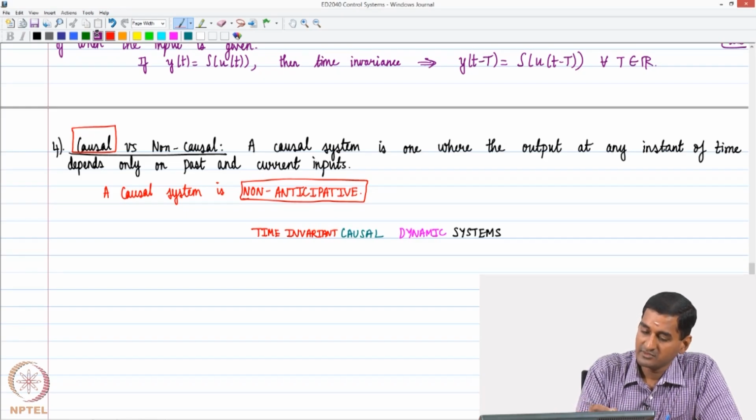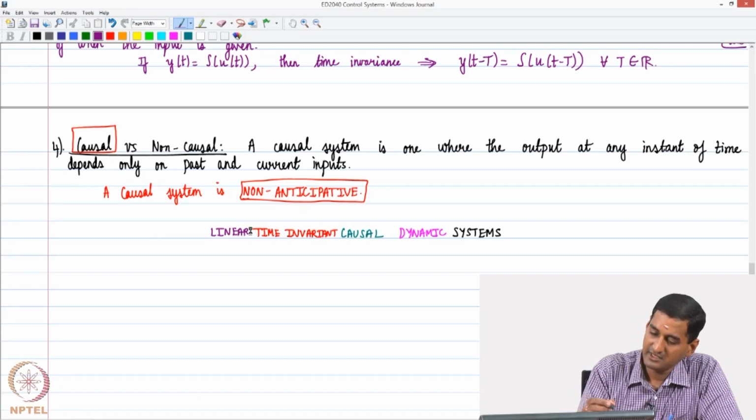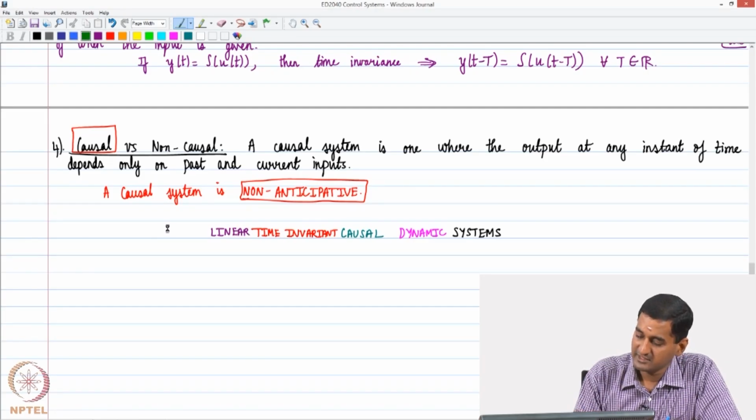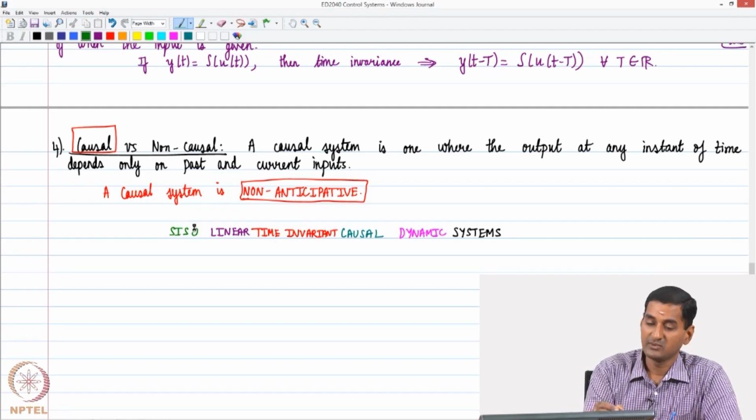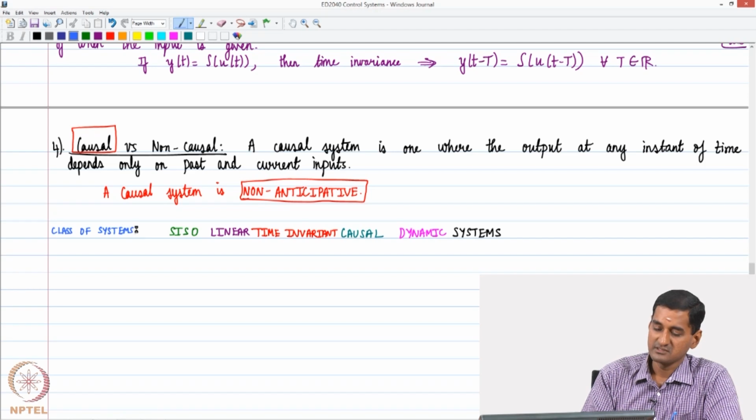We are going to look at linear systems, and we are going to look at single input, single output systems. This is the class of systems that will be under study in this course.